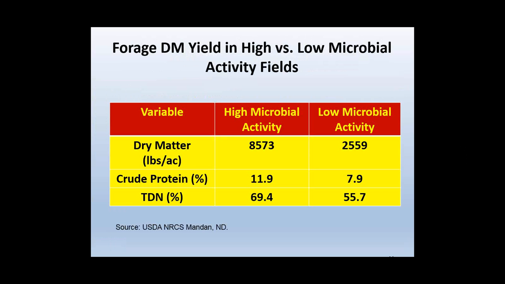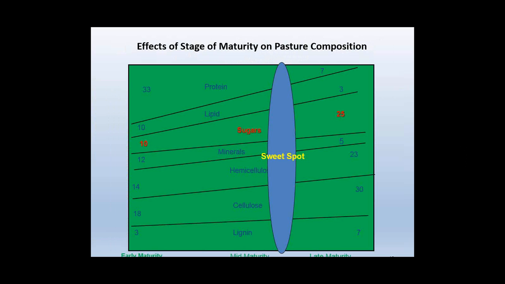And in the low microbial activity fields, it's down to 2,500 pounds per acre. And you can also see that not only did we more than triple the dry matter production per acre, but we also significantly improved the crude protein and TDN in those pastures as well.